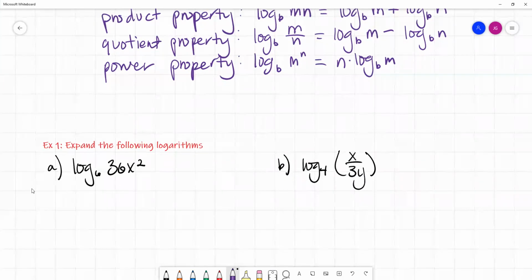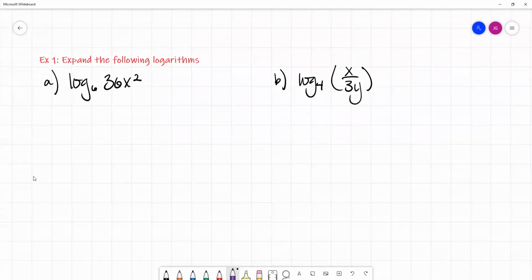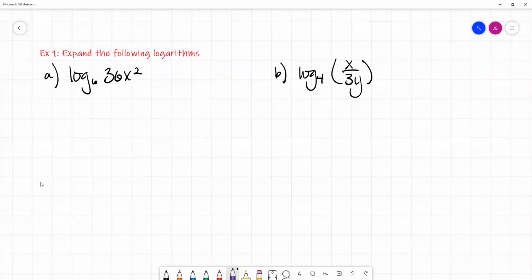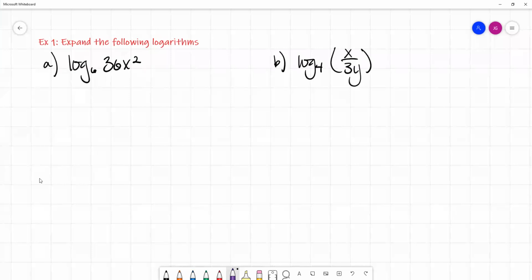And so let's just dive into a few examples. Okay, so we can use these properties to either expand or condense. And so when we say expand, that means we're going to start with one log, rewrite it as multiple. So here's our first example. Expand the following logarithms. We have log base 6 of 36x squared.